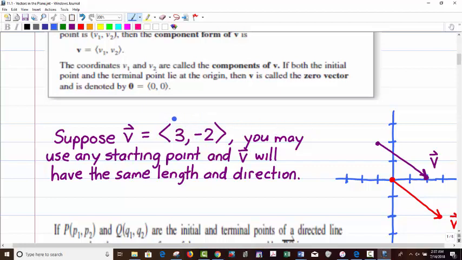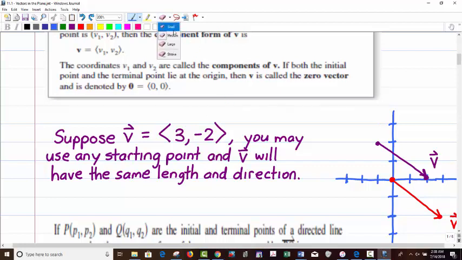What this means is the 3 is essentially the x direction, how many units you would go in the x direction, and then the V2 here would be the y direction. So to graph the vector 3, negative 2, you go 3 units to the right, the positive direction for x, and 2 units down, which is the negative direction for y.